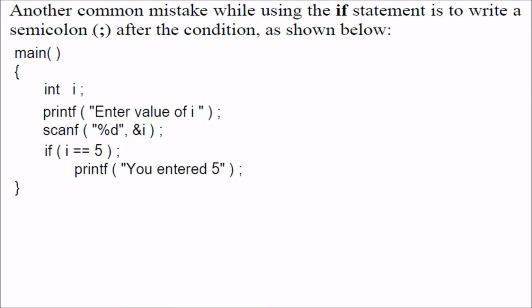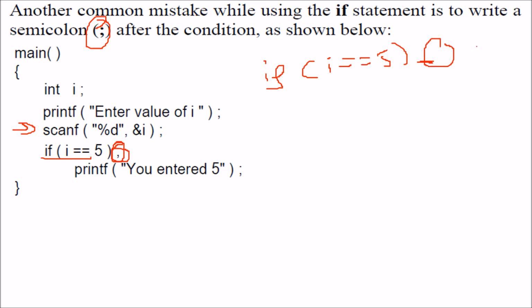One more thing is putting the semicolon. In this particular code, you have a semicolon after if I double equal to 5. Now when you have this double equal to, that means it is okay. But when you put a semicolon after this, the compiler understands that after I double equal to 5, you don't want to do anything.